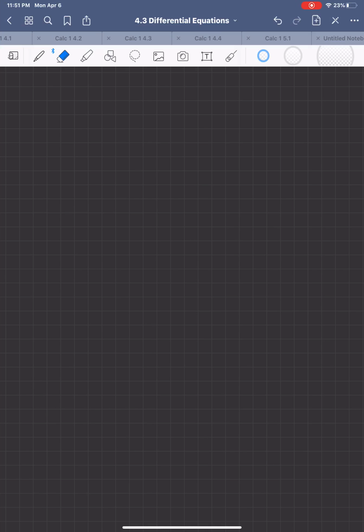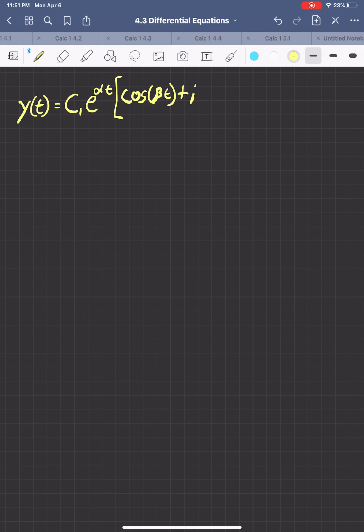So the general solution, and this is long, so let me see if I can write it small enough. y of t is equal to c sub 1 e to the alpha t times cosine of beta t plus i sine beta t.